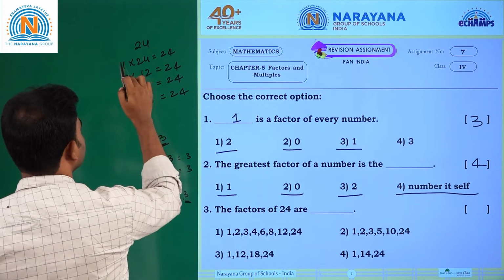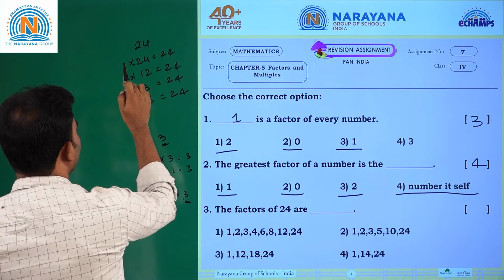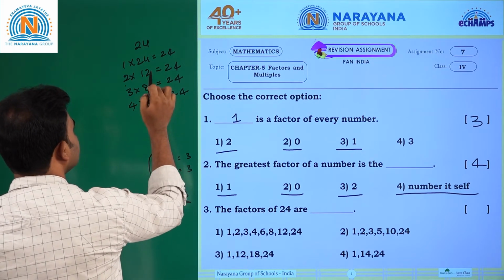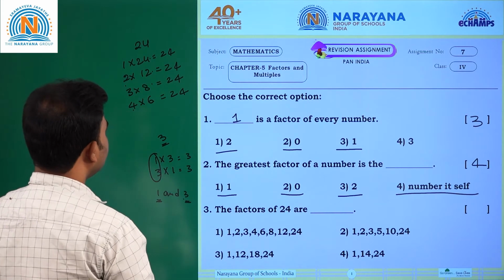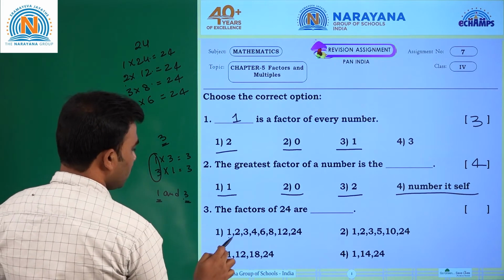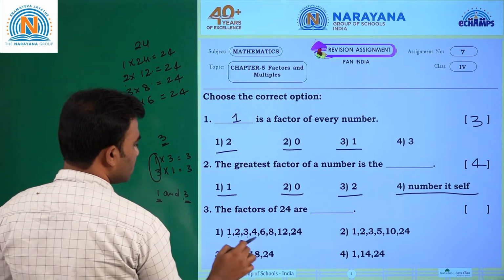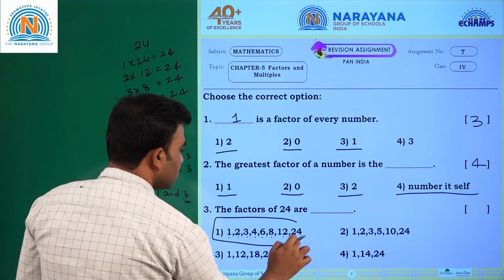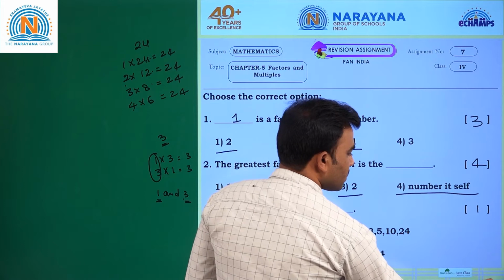These are the factors of 24. So 1, 2, 3, 4, 6, 8, 12 and 24 are the factors of 24. Where is it in the options? First option is our answer. So, option 1 is our answer.